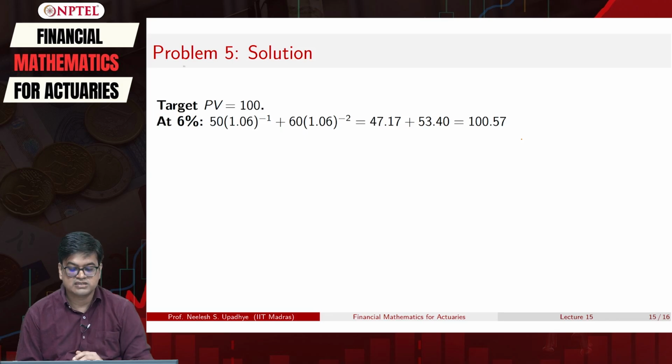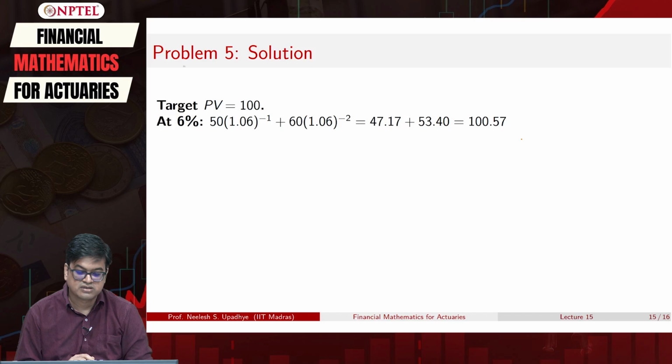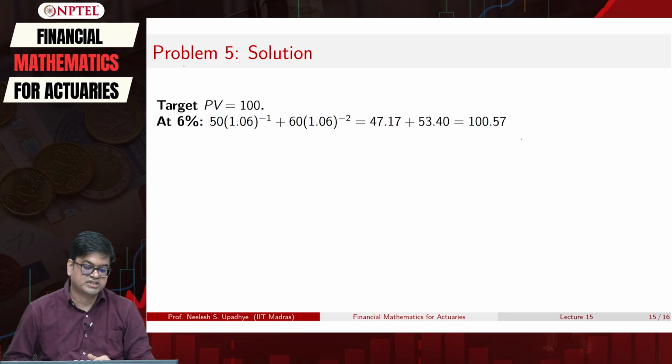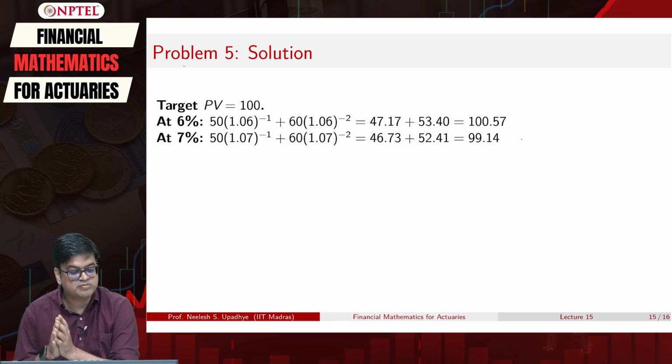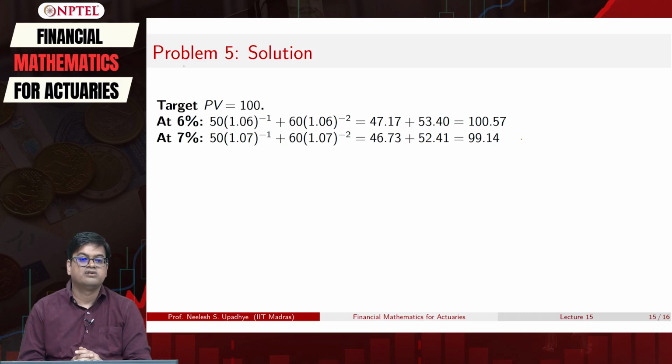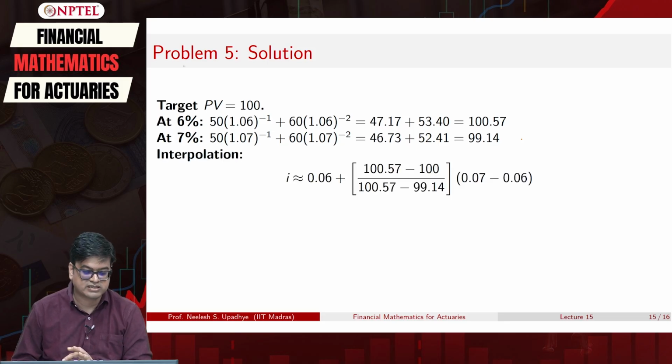And then you can easily see this number that I got is 100.57, which is higher than the present value. And then if I go with 7%, you will see the same calculation gives a number which is lower than the present value. Okay. Now, you have to apply that formula, which we already know: present value high and present value low, interest high and interest low, all these things are well established.